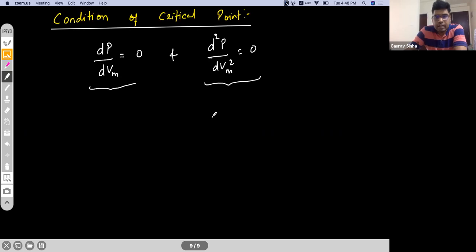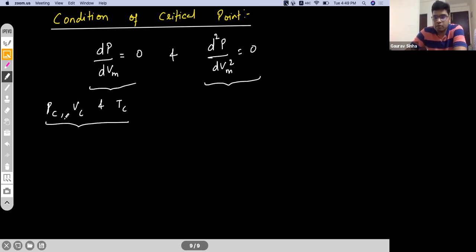Now, with the help of these conditions, we can find out the critical pressure, critical temperature, and critical volume. So we have to find out PC, VC, and TC. When I write PC, VC, and TC, obviously it is for the critical point.